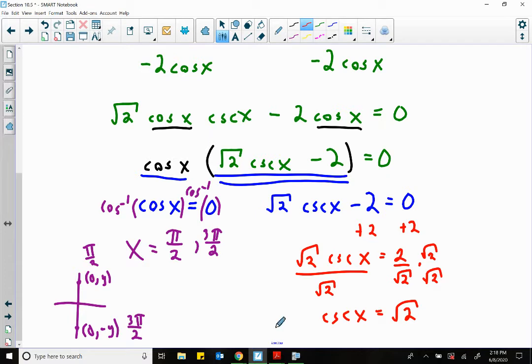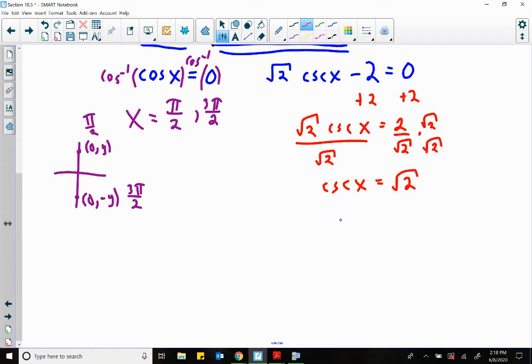So we now know that this x is equal to pi over 4 and 3 pi over 4. Again, that makes sense because this is all about when cosecant is positive.